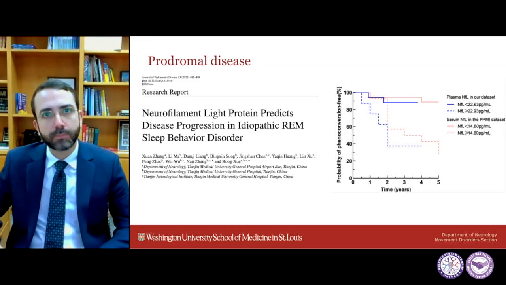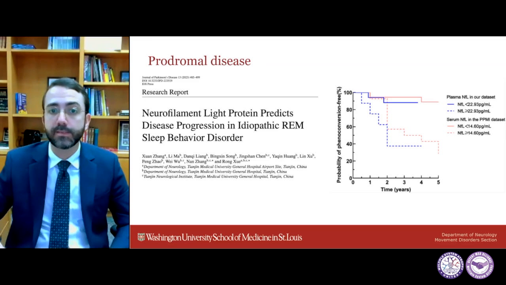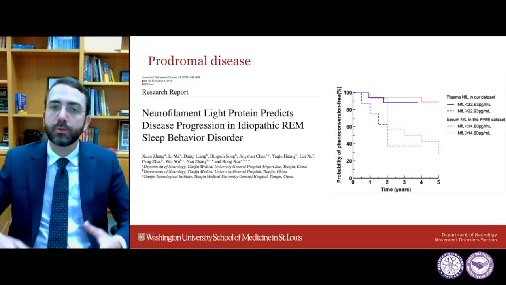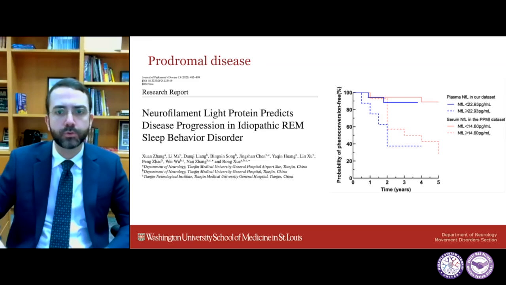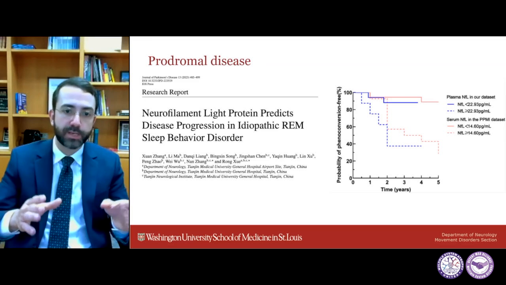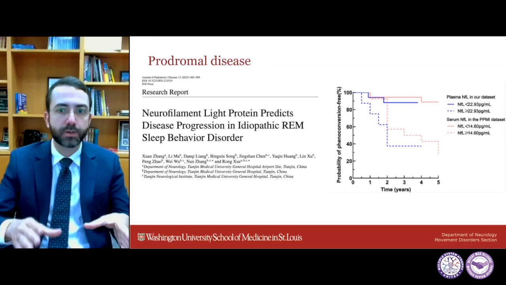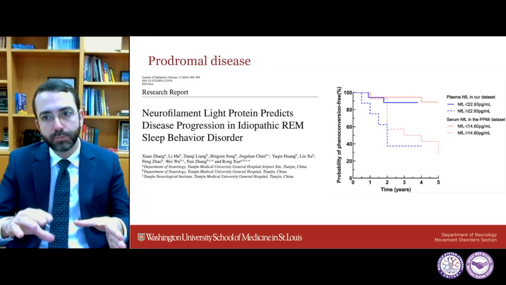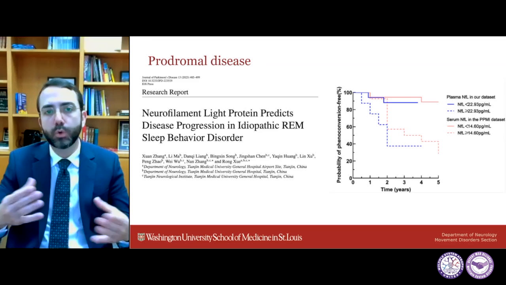This is much more discussed in the field of Parkinson's disease, where several clinical trials have been designed trying to prevent Parkinson's disease in patients who might have prodromal symptoms, meaning you can identify those patients and start a treatment early on to the point that you prevent the development of the motor symptoms.